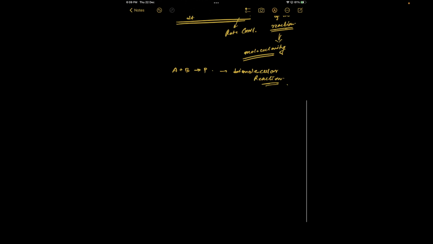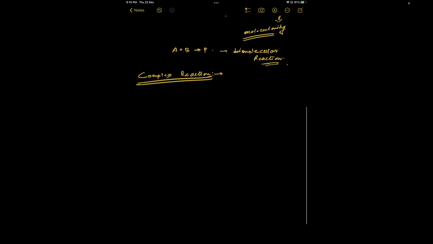Now the second category is the complex reaction. So elementary reaction is the first category, and the second category is the complex reaction. Complex reactions are the reactions in which many steps are there, many intermediate steps. Like from A to product P, if the product is forming by a single step, then we call it a unimolecular reaction.